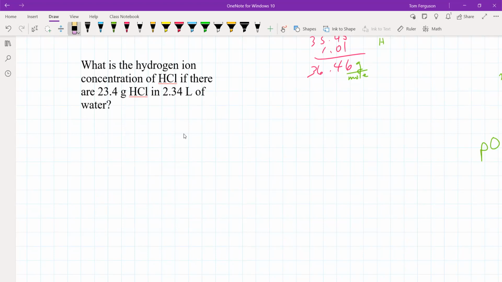Okay, so what's the hydrogen ion concentration of HCl? There are 23.4 grams of HCl in 2.34 liters of water. This is just like the dry calculations we did yesterday. Now, you have to remember this reaction. HCl is one of the strong acids.